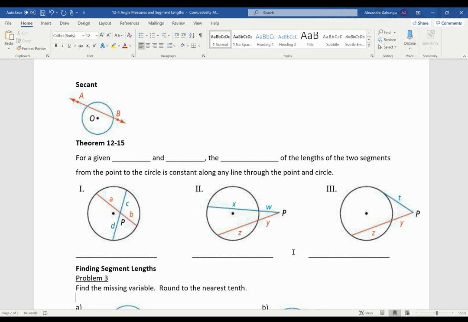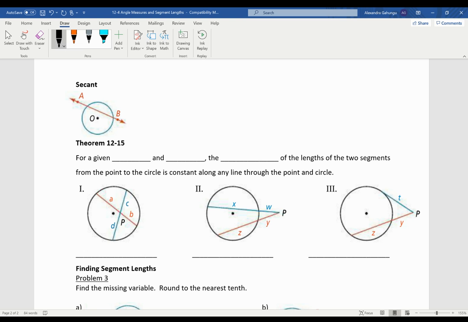Okay, so we're going to talk about 12-4 part 2, and we're talking about secants. So our secant is a line that intersects a circle at 2 points.